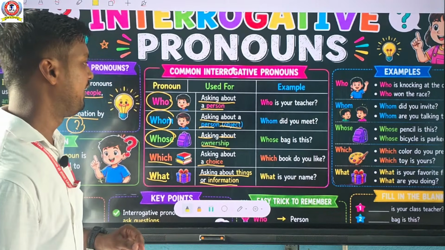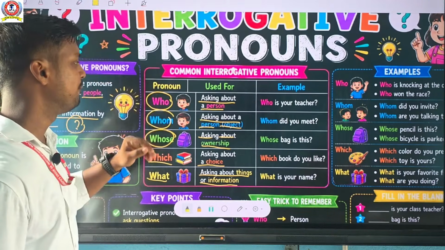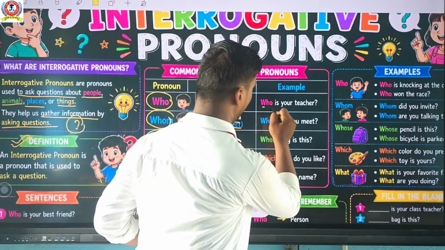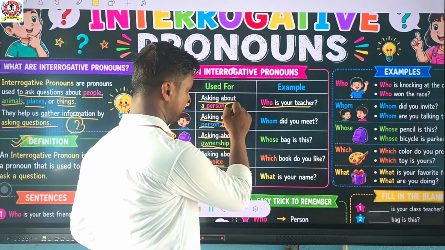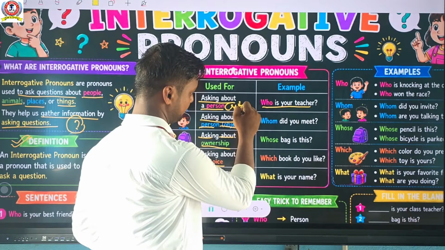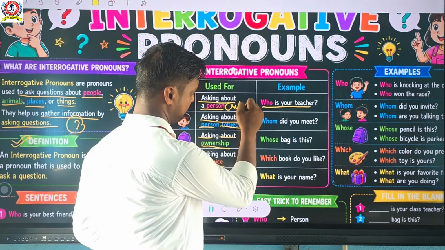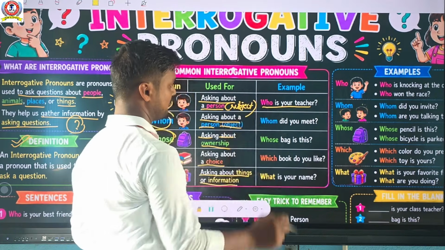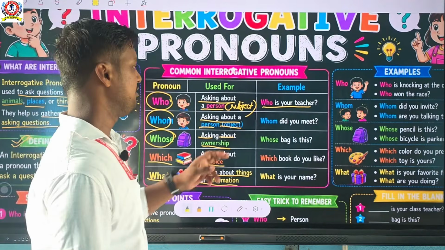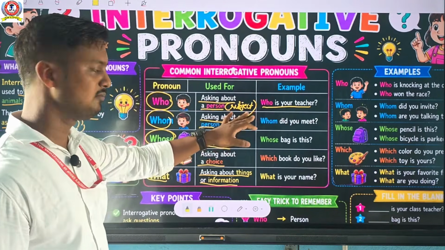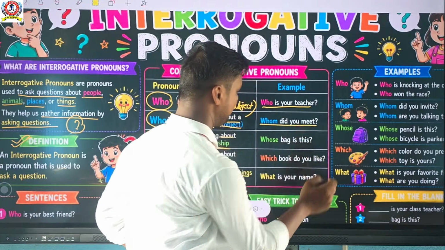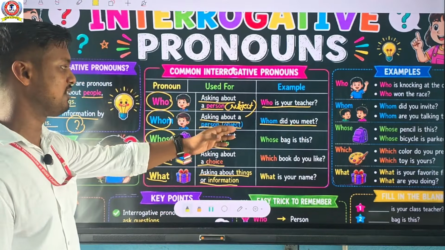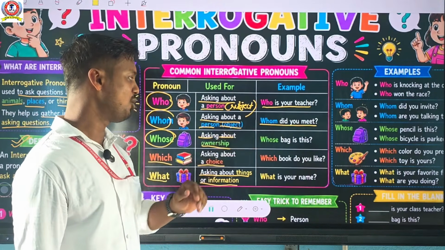For example, if I say, who is your teacher, that means who is used as a subject, asking about a person. Whom did you meet? Here whom is used as an object.